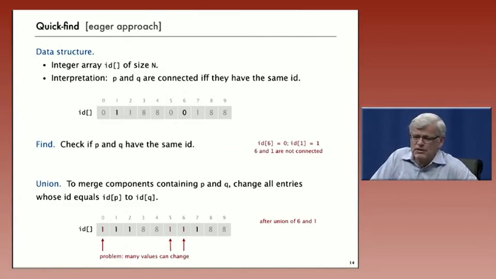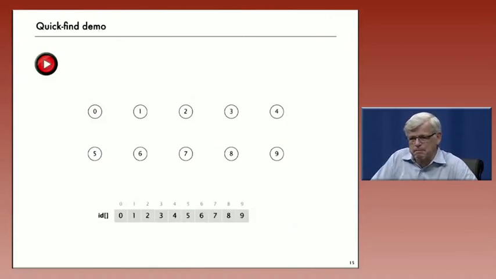And this is, as we'll see, a bit of a problem when we have a huge number of objects because there's a lot of values that can change. But still, it's easy to implement, so that'll be our starting point.